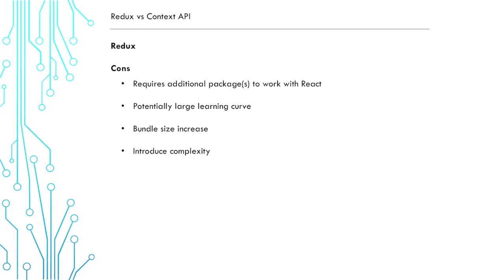It introduces complexity. What does that mean? If you want to change just a name, you need to think about going to at least 3 to 4 different places to just change your name. Seriously? Yes. This is Redux. It introduces complexity. And the other thing, it's overkill for small and medium applications.